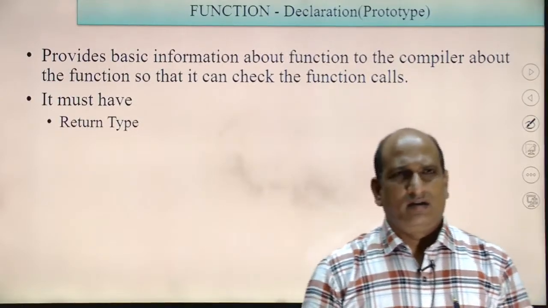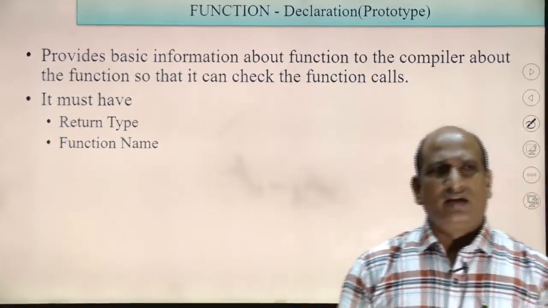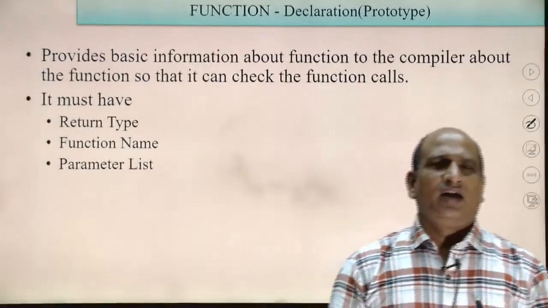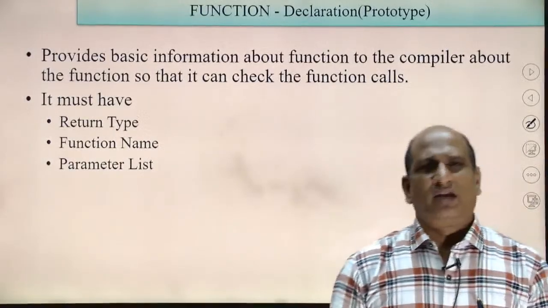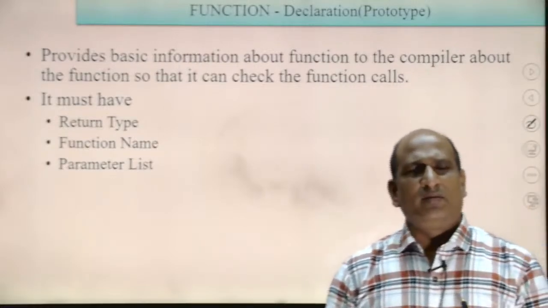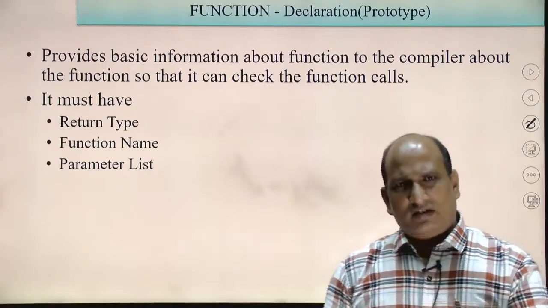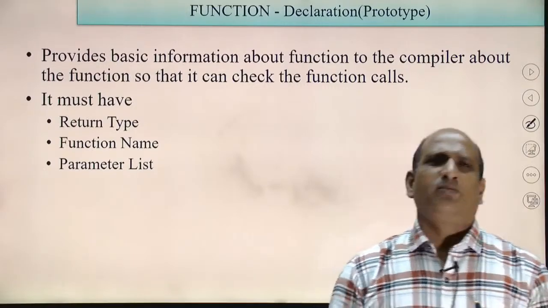The declaration of a function must contain the return type, function name, and the data types of the parameters. Meaning the list of parameters, the data types of the parameters that have to be passed, and we just mention the types.